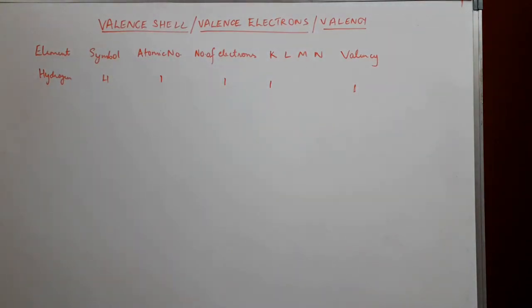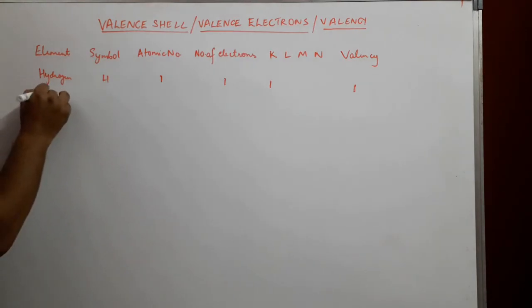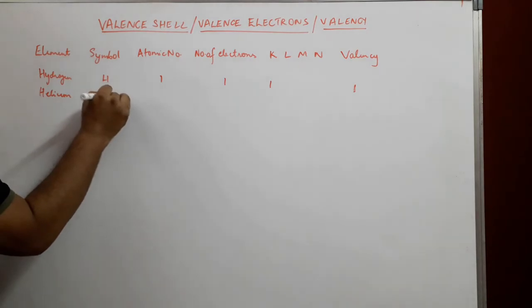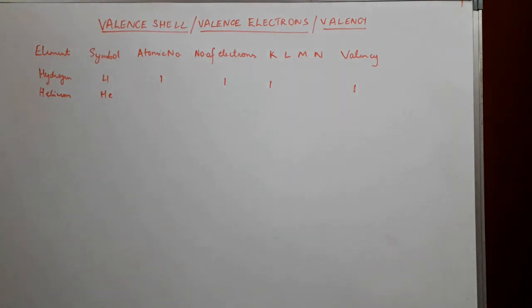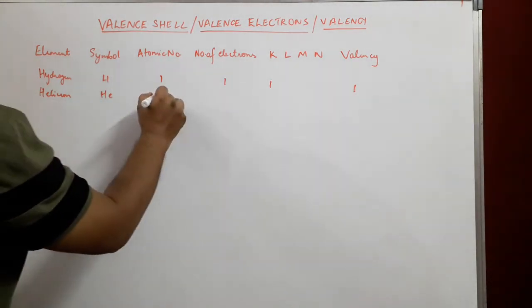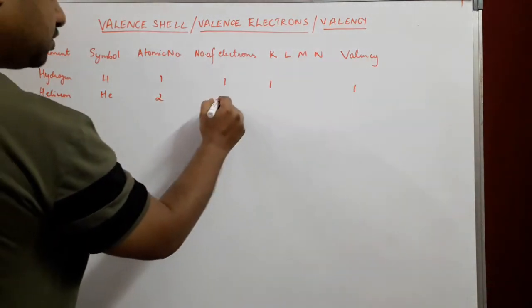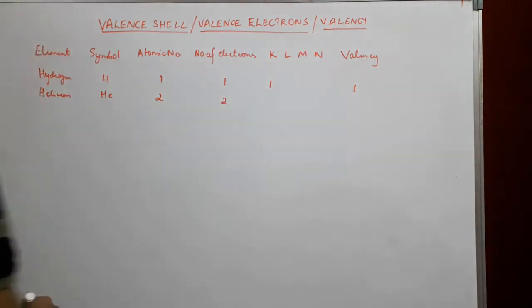Next we have helium, and the symbol of helium is He. In this case the atomic number is 2, so the number of electrons has got to be 2.